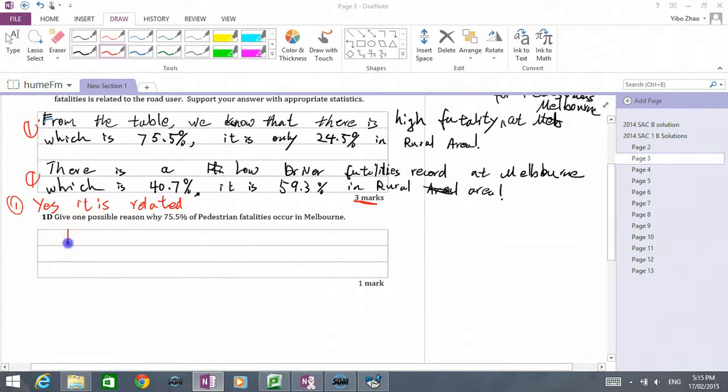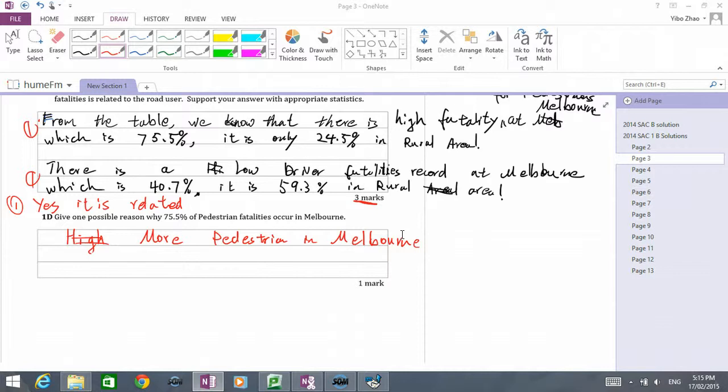So the answer is really because we have more trams in Melbourne city rather than the rural area. So during car accidents, they are more likely to die.